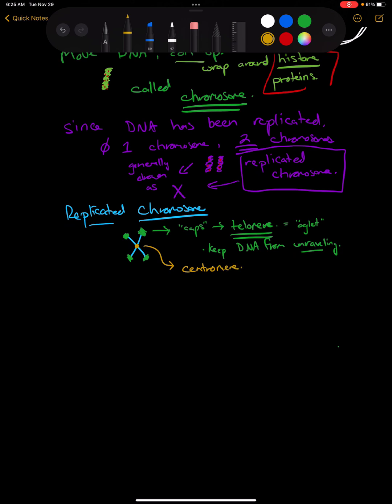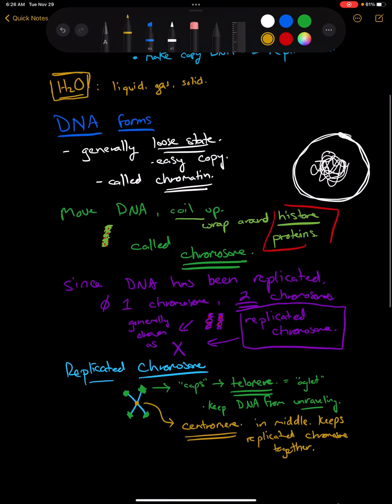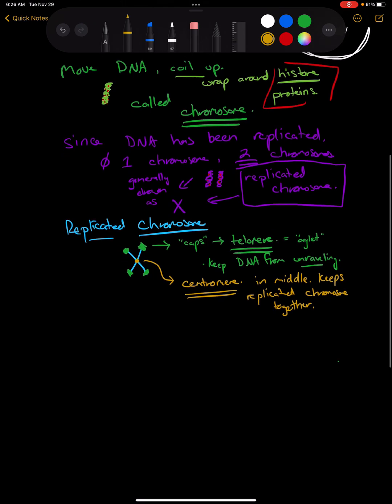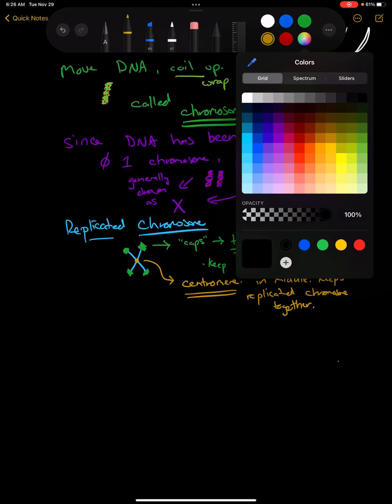So the centromere is in the middle, and it keeps my replicated chromosome together, especially when I'm trying to move it. All right, so DNA has a couple different forms. I have chromatin, which is loose. I have a chromosome when it coils up, and then a replicated chromosome, because normally I'm doing all this when I'm trying to make a copy of a cell, which is where we're going next.